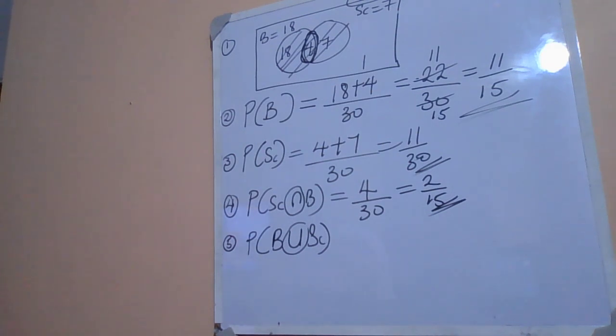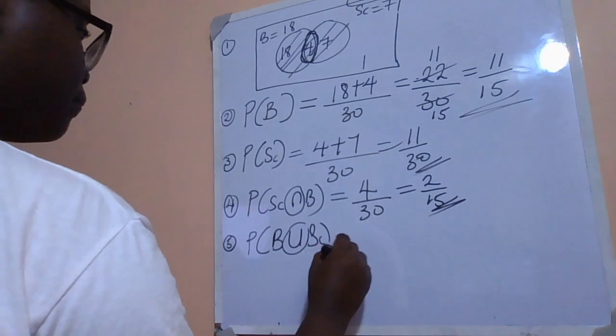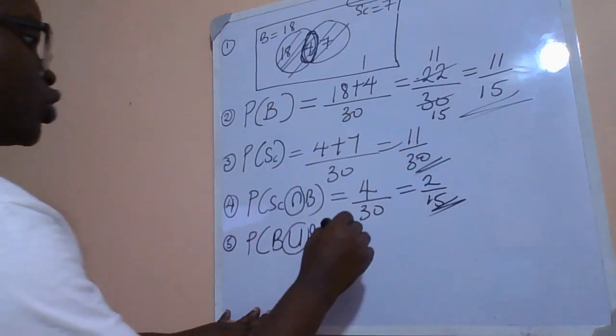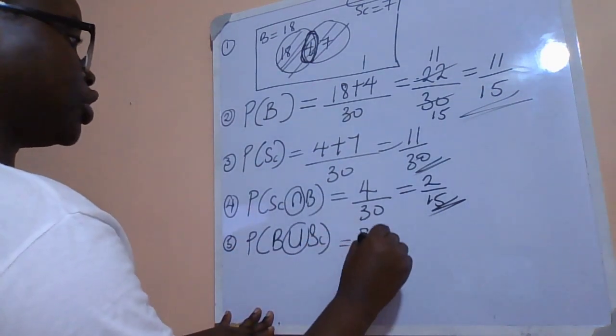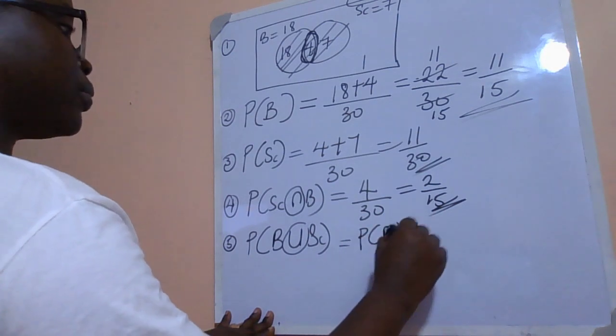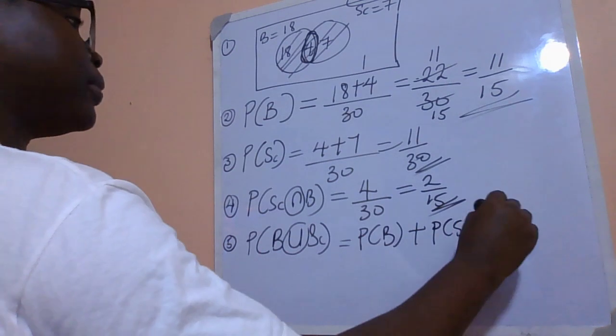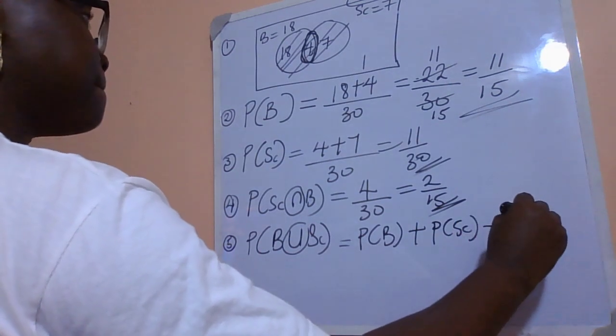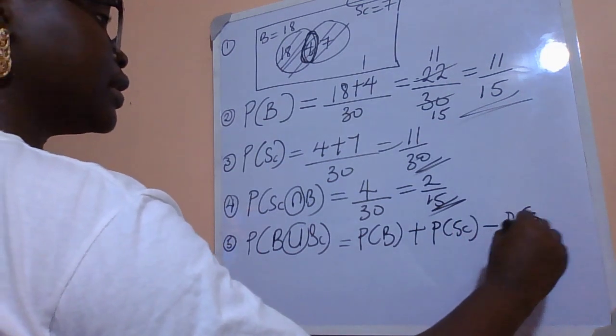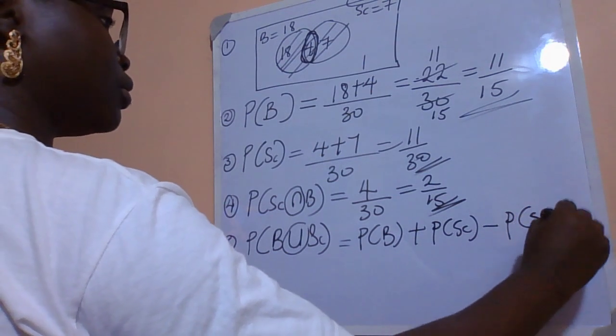Probability that a learner selected at random takes either biology or science. All right, good. So what do we do from here? We break it down. Of course, we know the probability of biology. We add it to the probability of science. Then we say minus probability of science intersection biology.